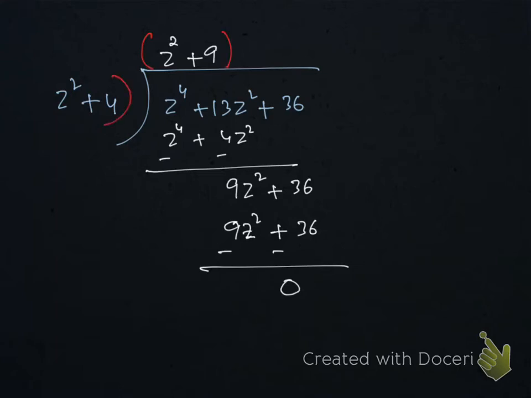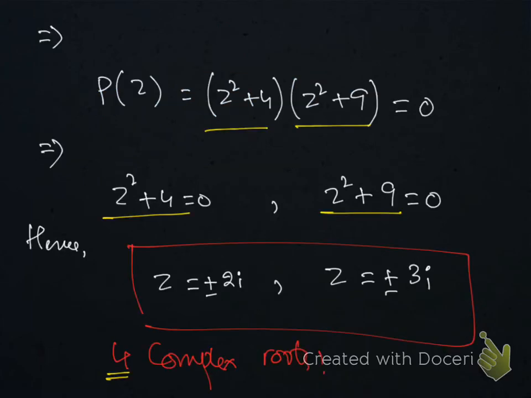We just found this factor, and this is the quotient of the polynomial. Therefore we have got both the quadratic factors of the polynomial. This factor was given, and this factor we found through long division.